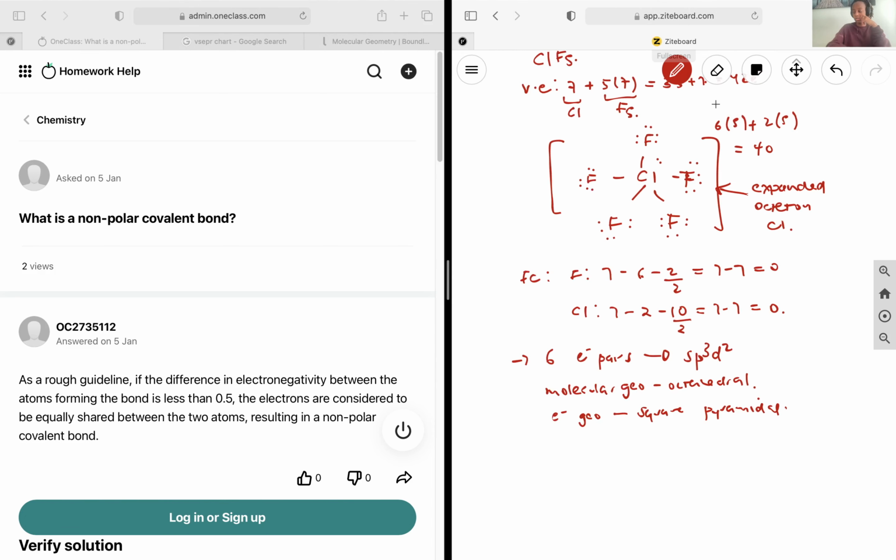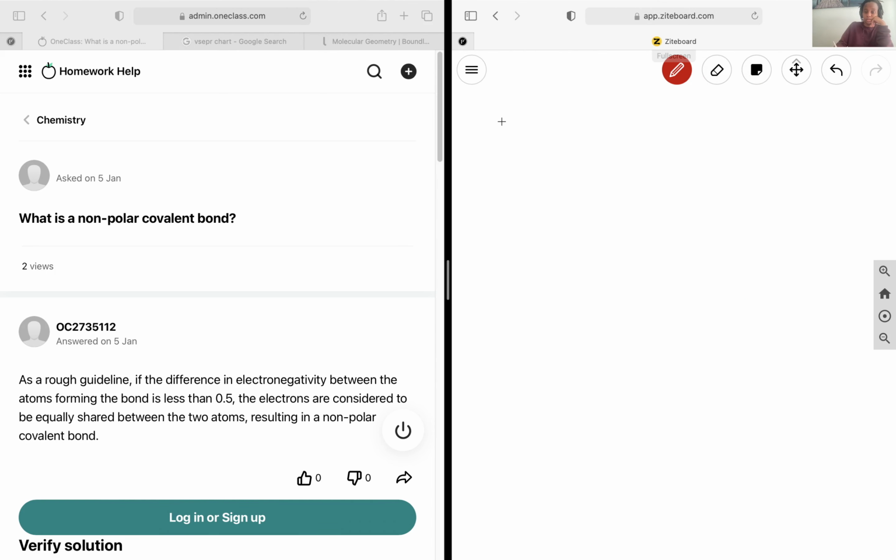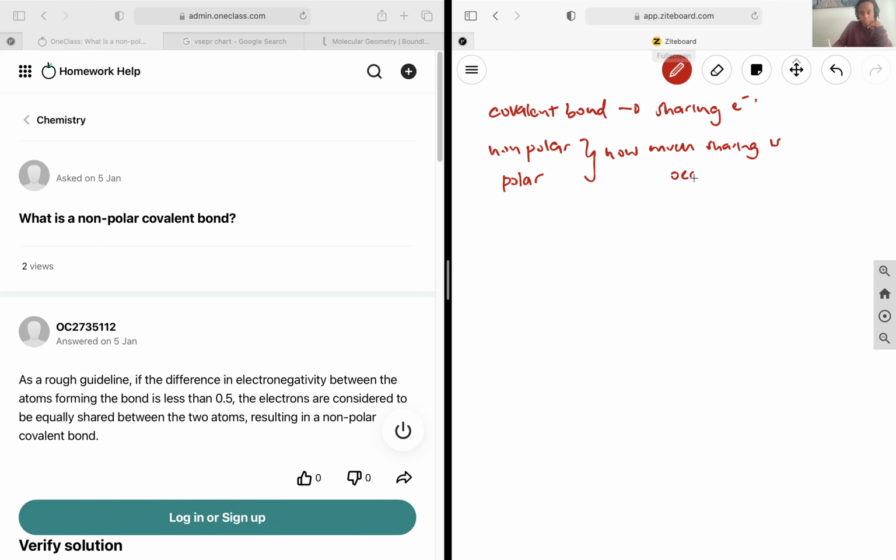Our next question, we want to answer what is a nonpolar covalent bond. And so to answer this, we need to think of what a covalent bond is in the first place. And covalent bonds are created by sharing of electrons. And so the electrons are at a point that is practically right between the 2 atoms, then what you're going to have is a nonpolar bond.